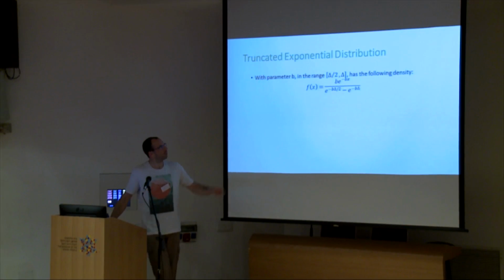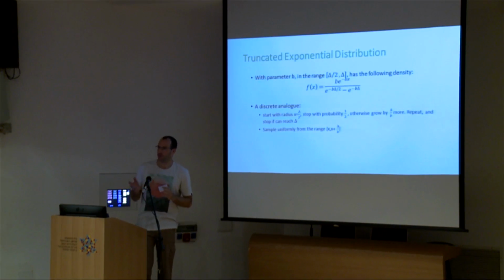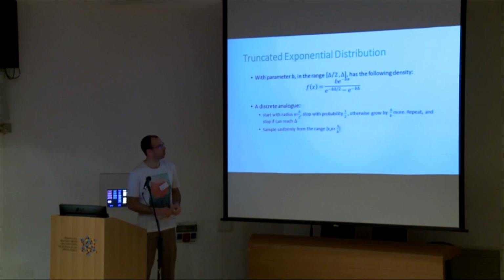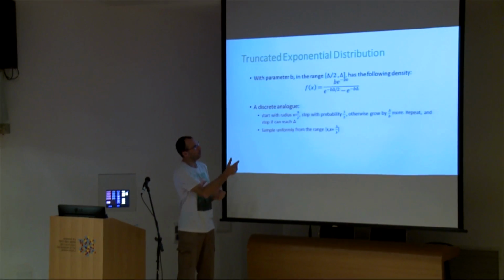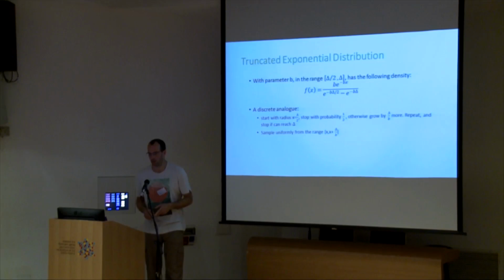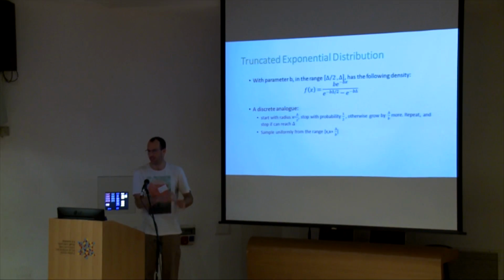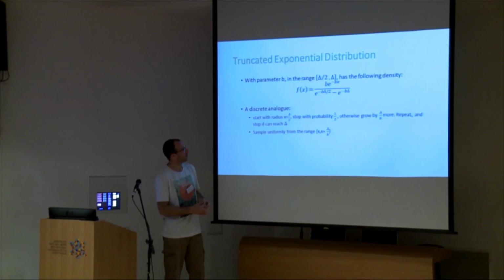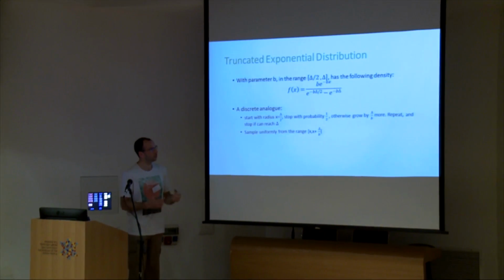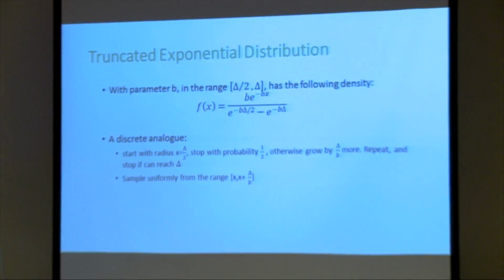The exponential distribution has this density, but let's look at a discretized version of it. When we pick a radius in this range, from delta over 2 to delta, say, I realize the diameter will be 2 delta rather than delta, so everything must be divided by 2. But never mind that. A discretized version works as follows. You have some parameter for the exponential distribution.